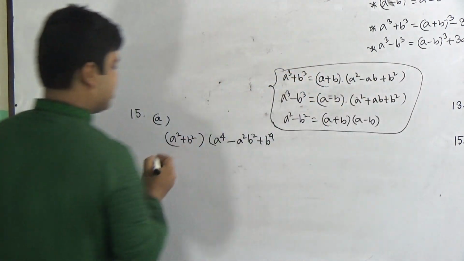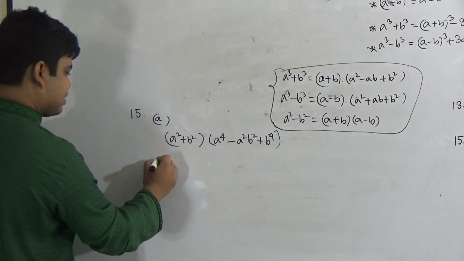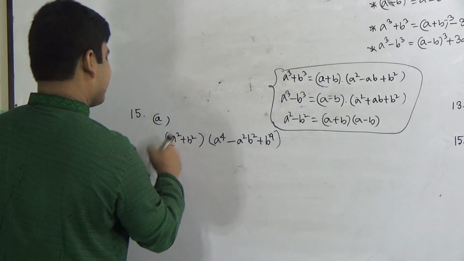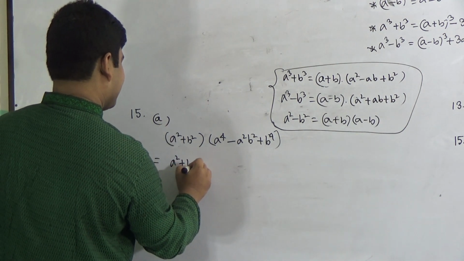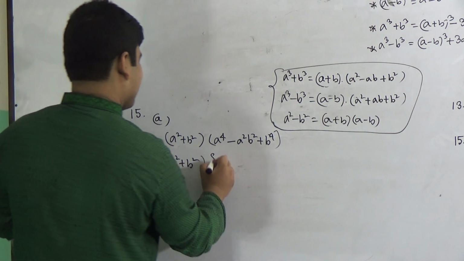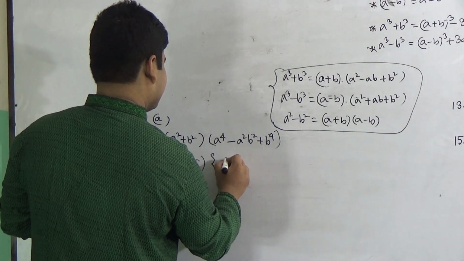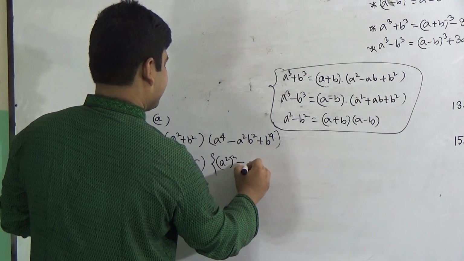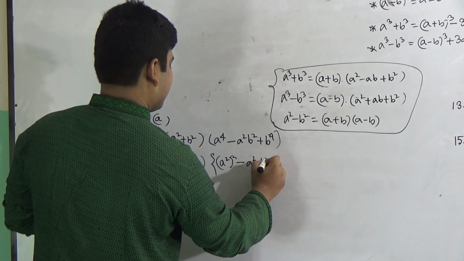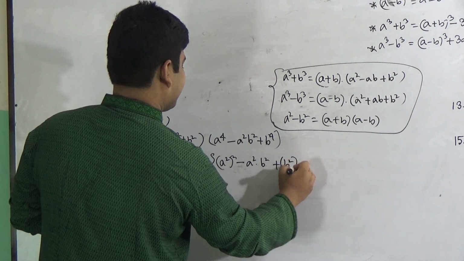Okay, these are formula. Now please notice here a square means a, so a square plus b square means b, and a square whole square means this one, minus ab plus b square means b square whole square.